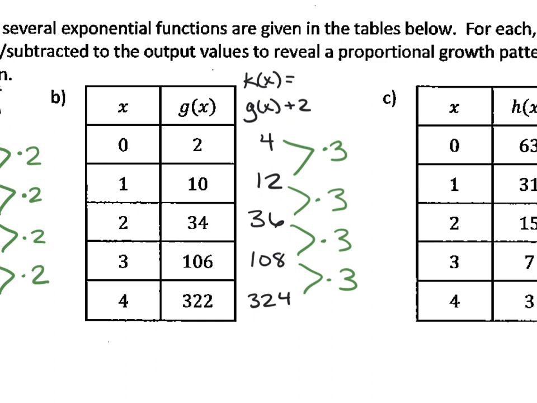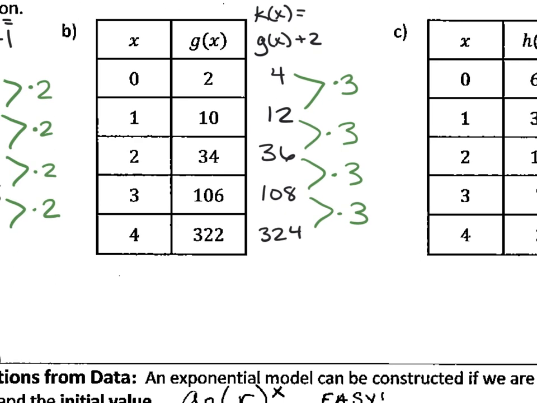Okay, so let's write an actual function for g of x. The things we know: this function we named k of x, again I just picked k because YOLO, is going to be g of x plus 2.